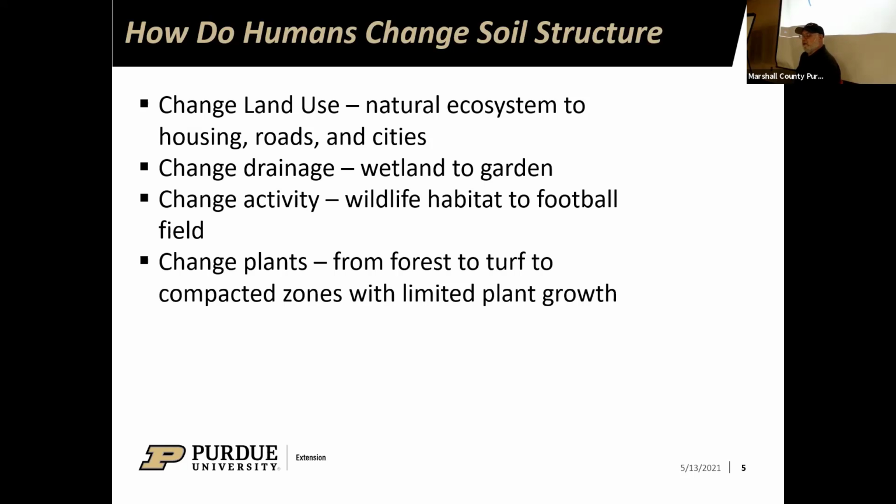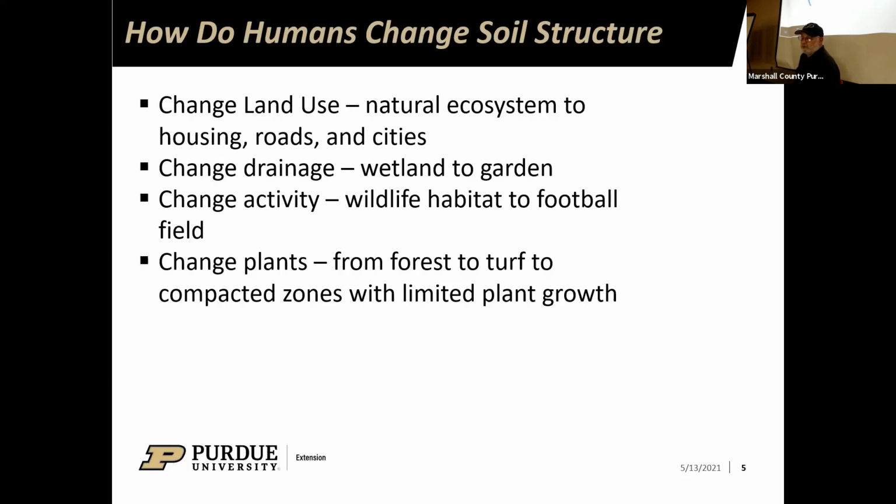So that soil map that I showed you within NRCS will actually show you what soil was present before these things happened. But you need to take into account as a landowner how these changes impacted the soil that's currently present.